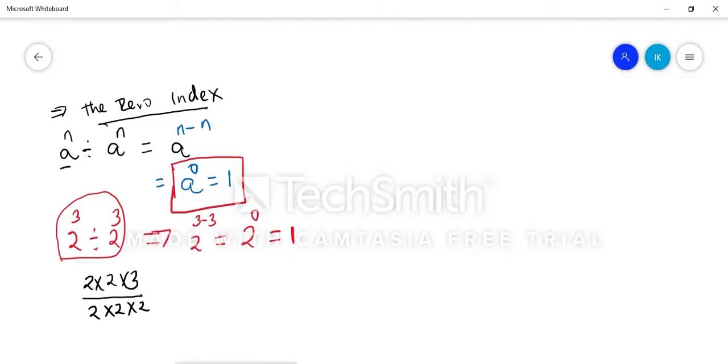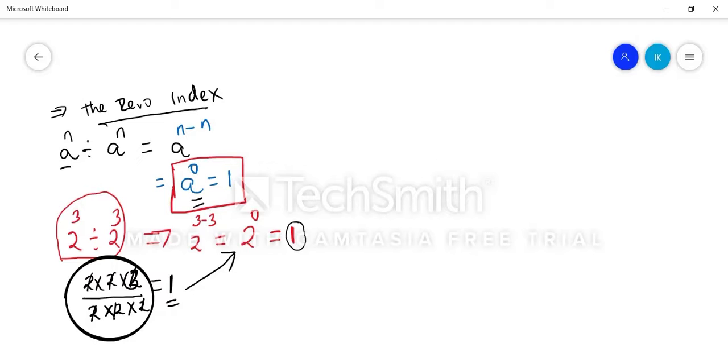Okay, you divide all, you get 1 as the final answer. This is the traditional way that everyone knows. But in indices, we can just subtract their powers and come up with a rule that when any number is raised to the power of 0, then the result should be 1.